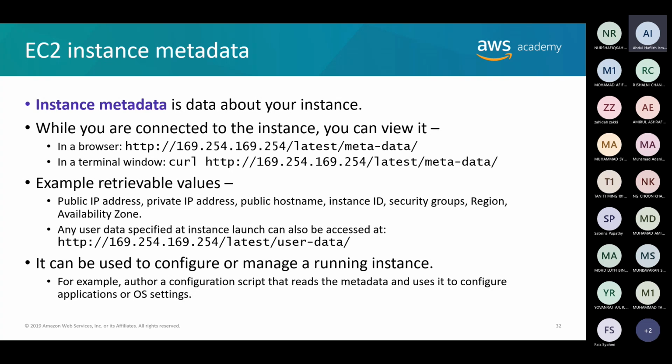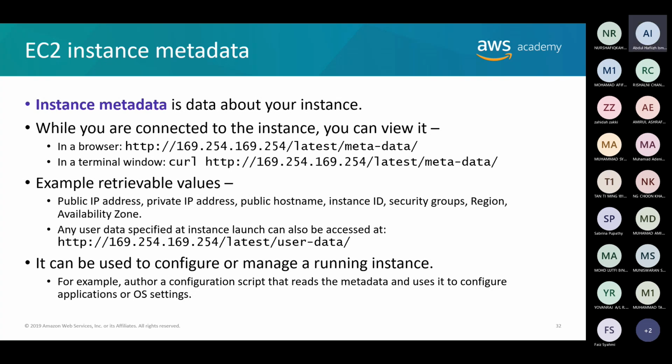So EC2 instance metadata is data about your instance. You can view it while you are connected to the instance. To access it in the browser, you can go to the following address. The data can also be read programmatically, such as from a terminal window that has the curl utility.